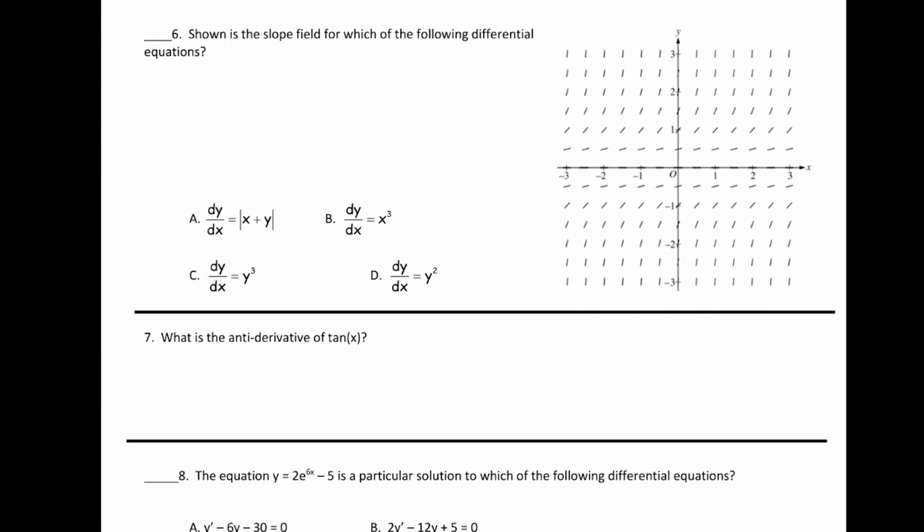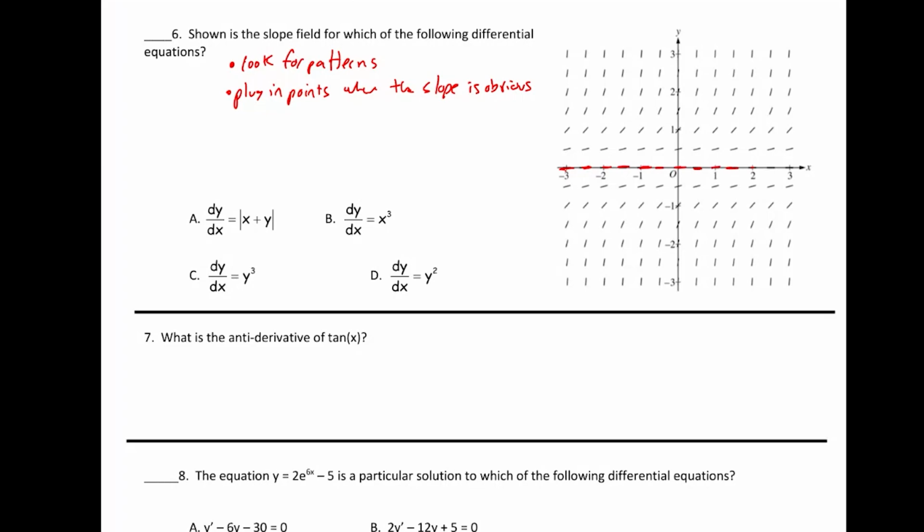There's a couple of different strategies you want to try on this. One is just to look for patterns. But another thing you could do is plug in points where the slope is obvious. Here's an example. Notice how all the slopes along the x-axis are 0.